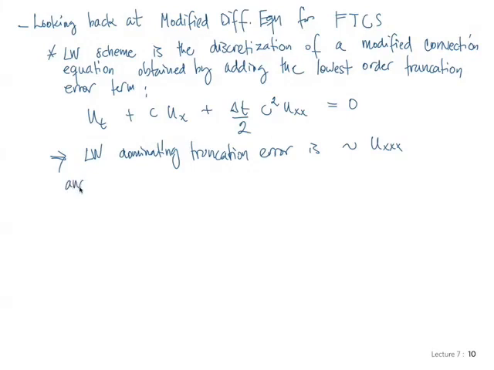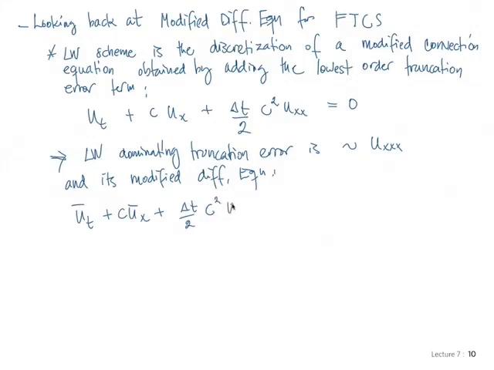And the modified differential equation is u_t plus c u_x plus, so we're keeping this, delta t over 2 c squared u bar_xx, and on the right hand side we have the terms of the truncation error, delta x squared divided by 6 u_xxx, plus higher order terms of order delta t squared and delta x fourth.